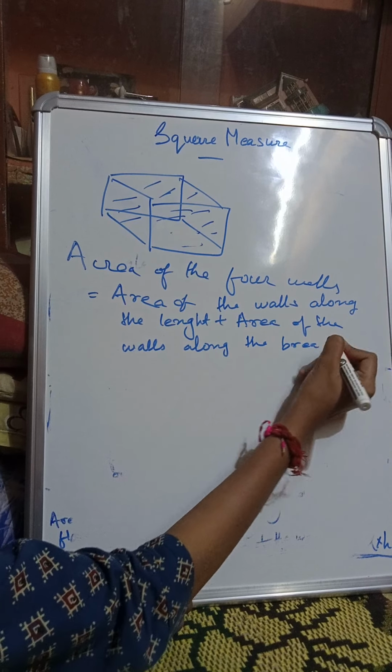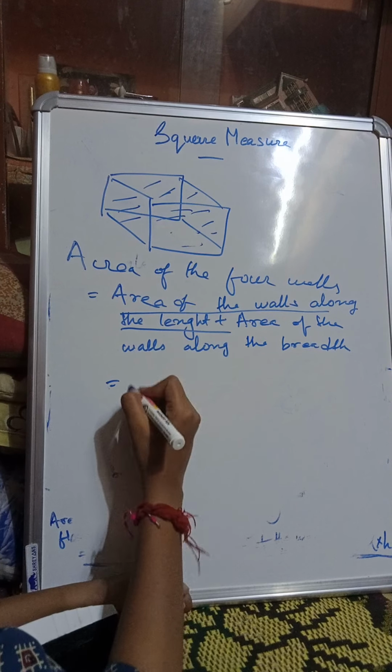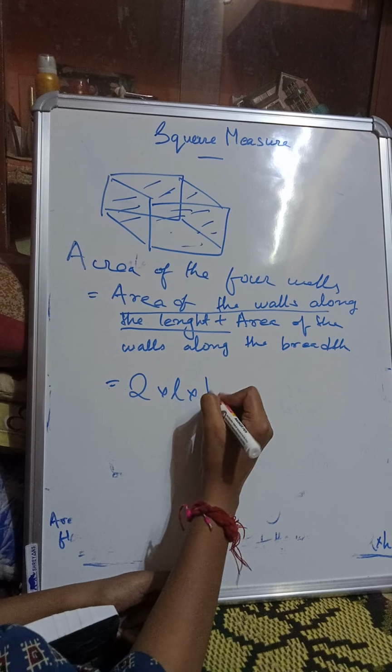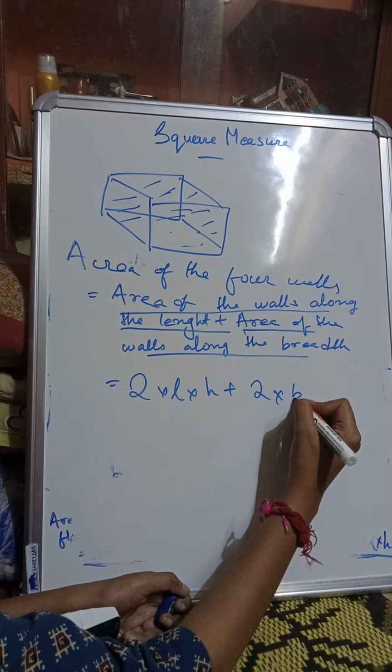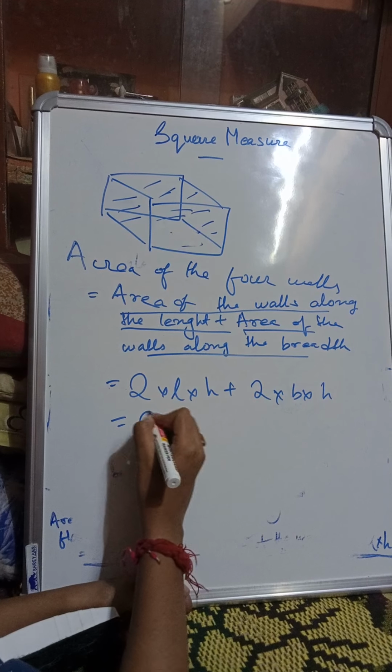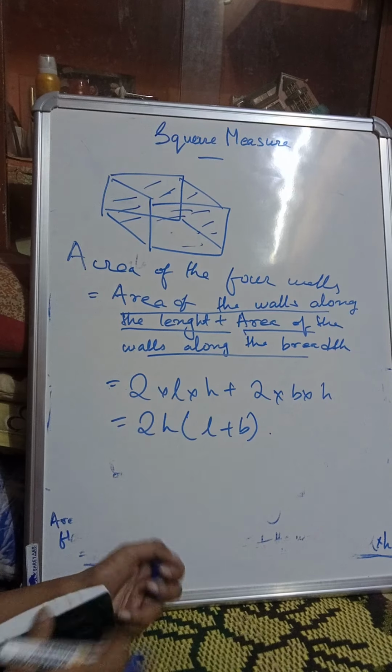We already know the formula of this, right? The area of the walls along the length is 2 into length into height, and the area of the walls along the breadth is 2 into breadth into height. So if we take 2 and h common, this will be 2h into (L plus B), right?